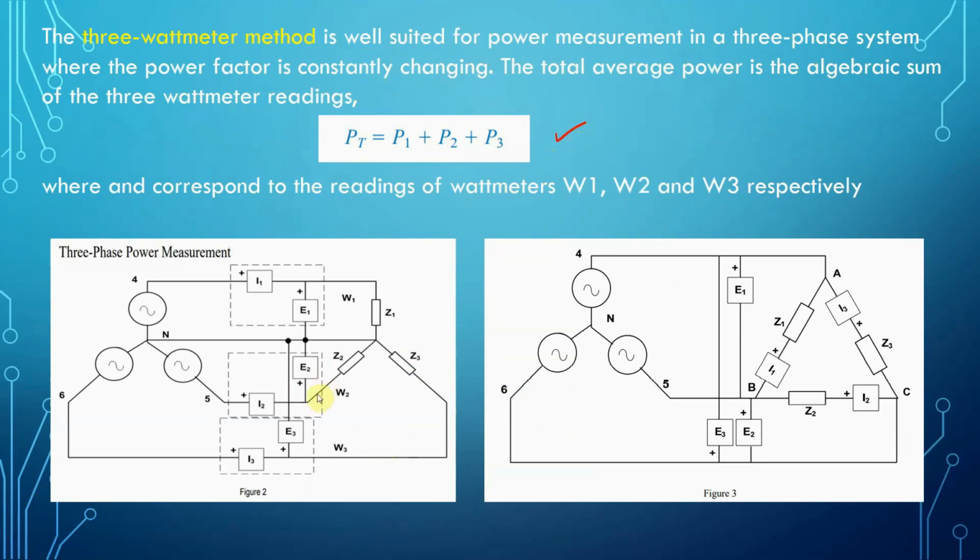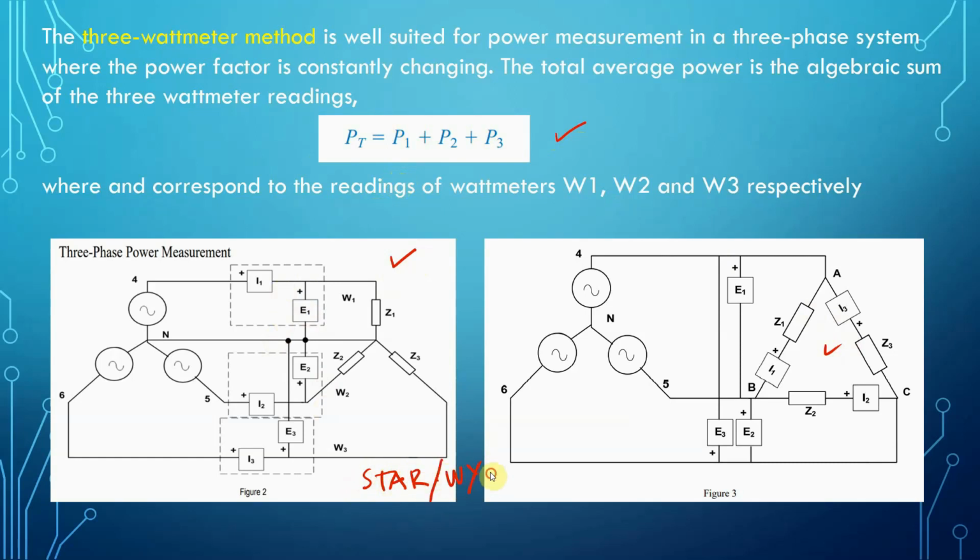Now, regardless of whether your load is Y connected or delta connected, we can also use this 3-wattmeter method. So in this connection here, we have Y connected or star connection, or we also call it Y connection.